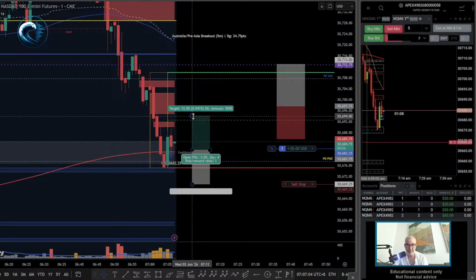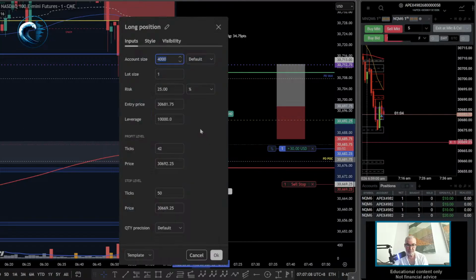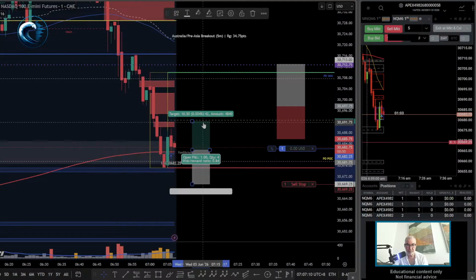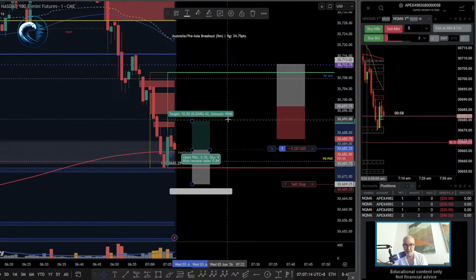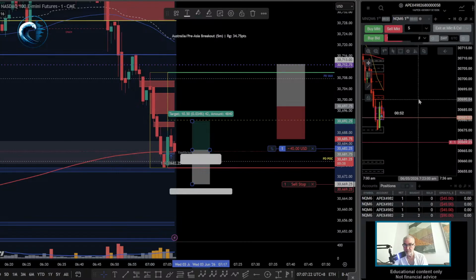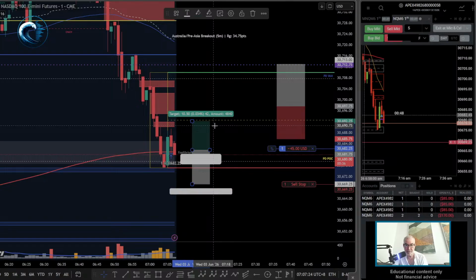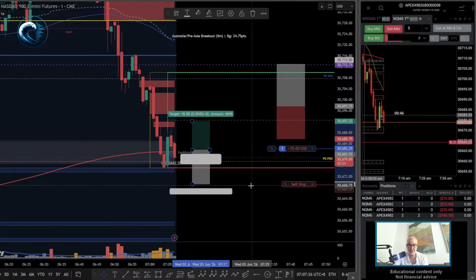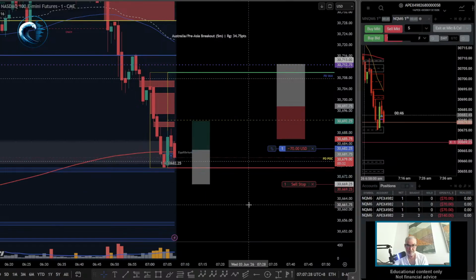Actually, might even get out here, just underneath this midline. 692. If I get a chance.